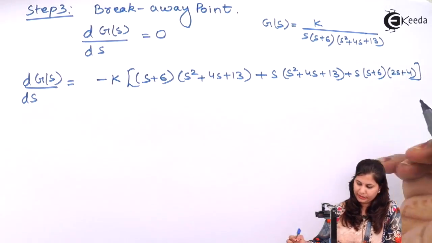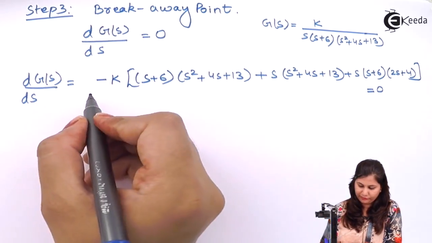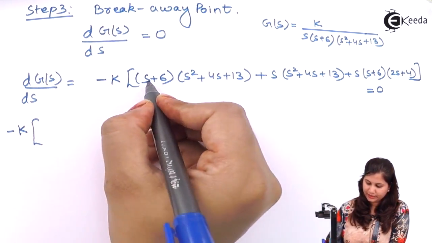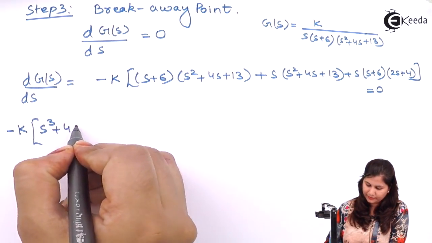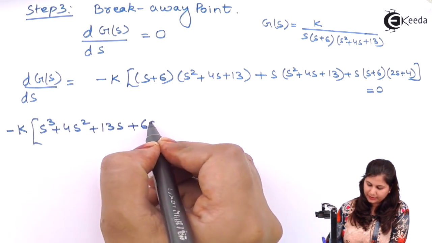Now we have to equate this to 0. So we will open this, we will have minus K, this is s³ + 4s² + 13s, plus 6s² and so on.